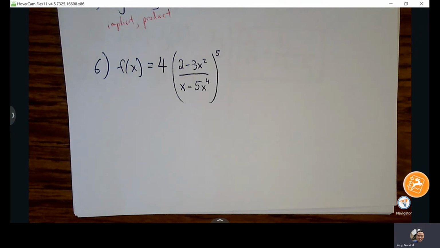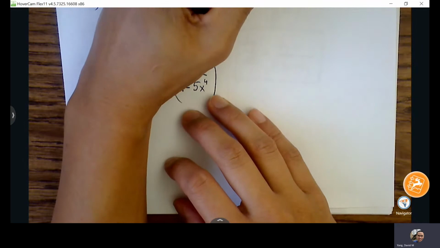Okay, 4 parentheses, 2 minus 3x squared over x minus 5x to the 4th, all raised to the 5th power. Can you identify what's involved here for the derivative? Quotient and chain. Okay. Good.